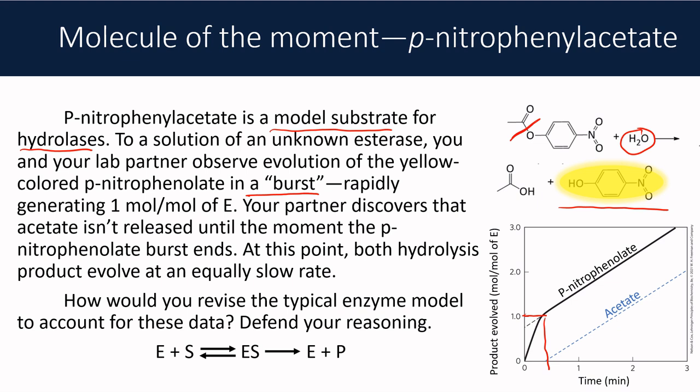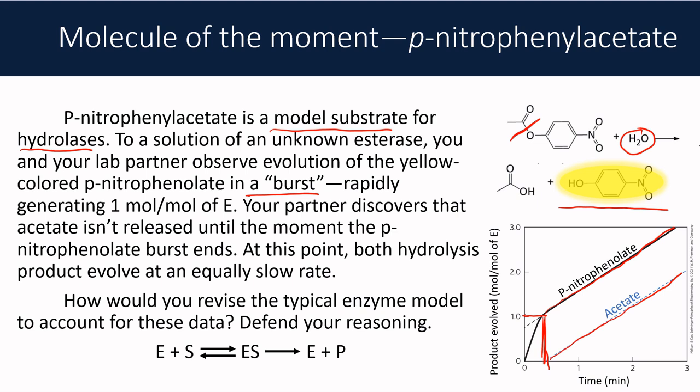So in the first couple of seconds of the experiment, the rate of this yellow product being formed is very fast, and then the rate slows down a bit. Your partner also discovers that during that initial burst phase over here, there is no acetate being generated. But after the burst period ends, we generate acetate at a similar rate to which the para-nitrophenolate is generated after the initial burst.